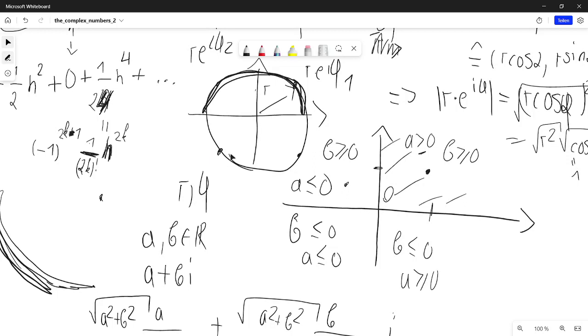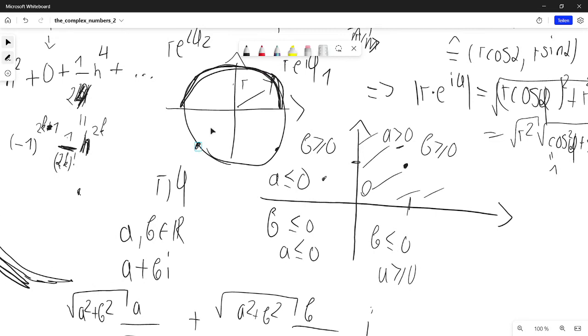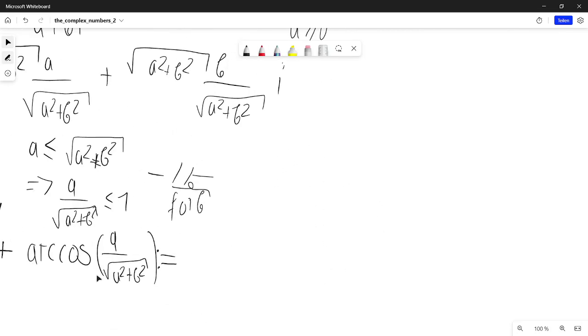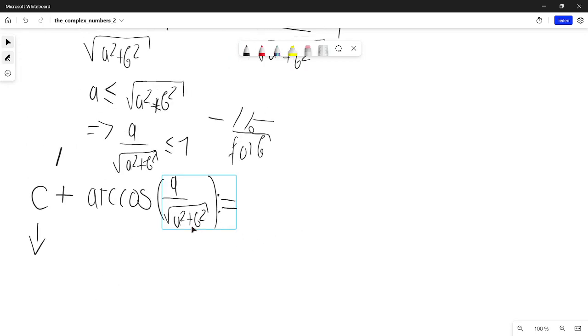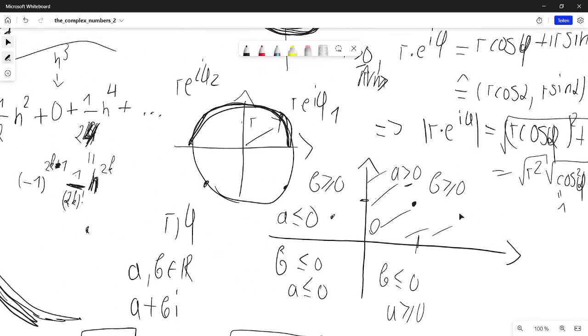You see, if that is the same angle we would get simply by reversing that, because cosine is the same for here.